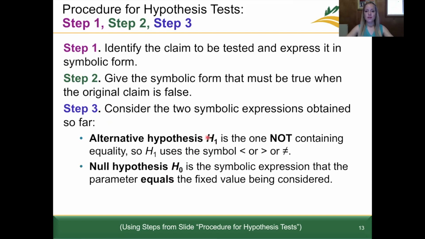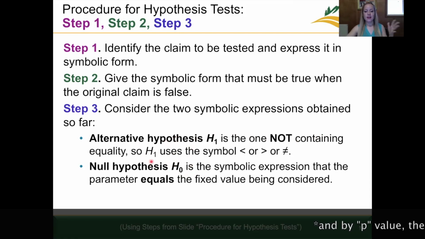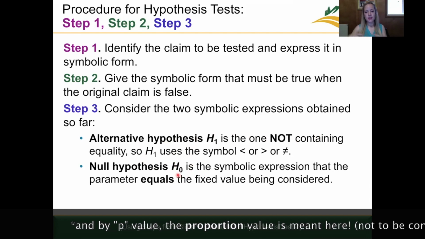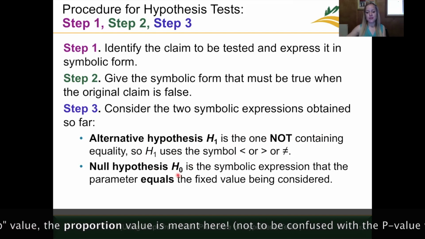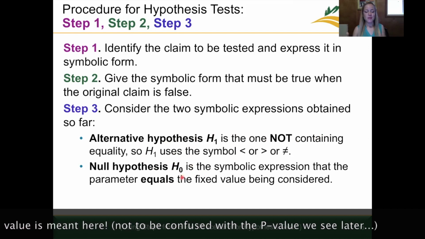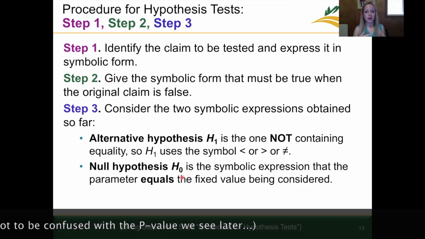You should get really comfortable working with the definitions of an alternative hypothesis and a null hypothesis. And again, we decide our null hypothesis, then the alternative hypothesis is anything else. What you'll start to see is that our null hypothesis, or H naught, says that a parameter equals a certain value. The example we've used in the past is that our mean value, our mu, equals a certain value.